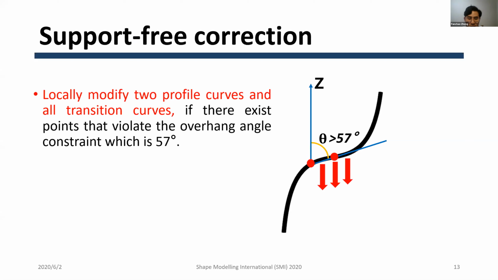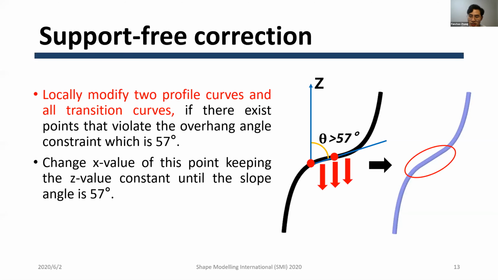In order to solve the first problem mentioned just now, we need to detect the model and locally modify the parts whose slope angle exceeds the overhang threshold, so as to achieve self-support. In our experiment, the threshold is 15.7 degrees. The acquisition of this value will be stated later.